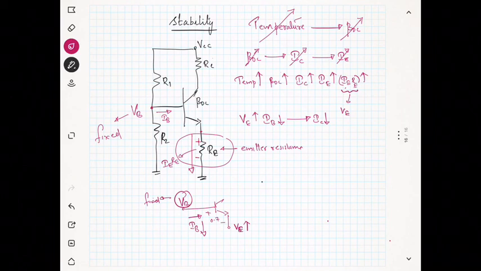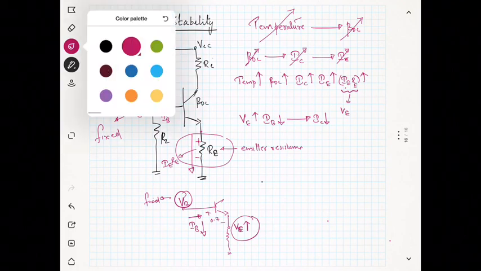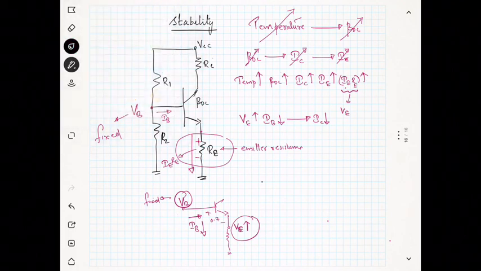Why is it decreasing? If VE increases, then the current which is coming from VB will be reducing because the voltage at the other end is high, right? So this will lead to decrease in IB and it will lead to decrease in IC.